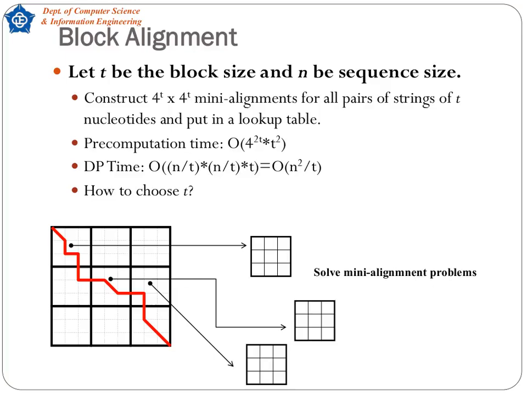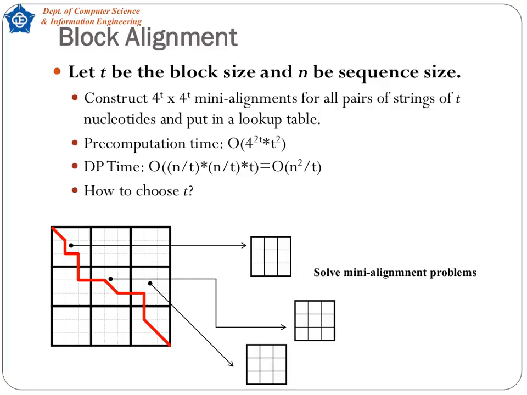Building on that idea, let's define t as our block size, and n as the full sequence length. Instead of filling an n by n dynamic programming grid entry by entry, we partition it into t by t blocks. For every possible pair of t-length nucleotide strings, there are 4^t choices each. We precompute their optimal alignment and store it in a lookup table of size 4^t by 4^t.